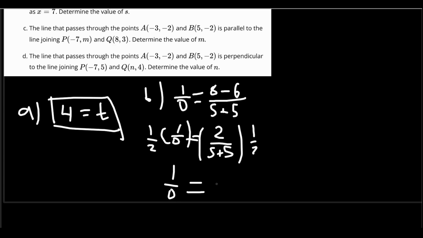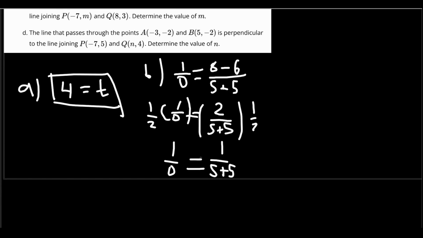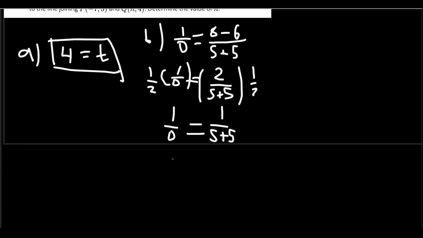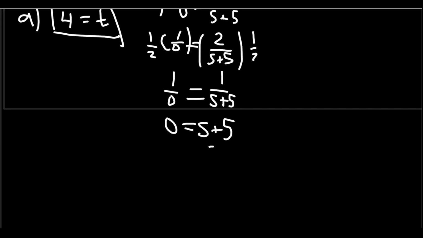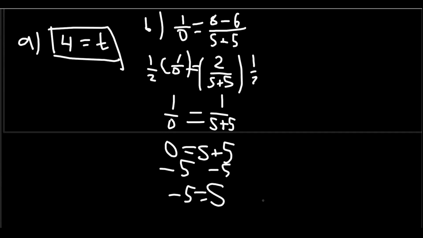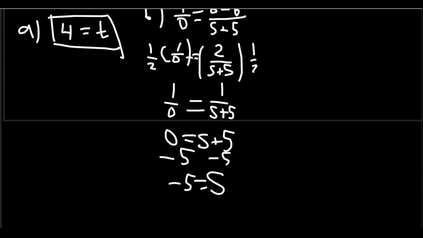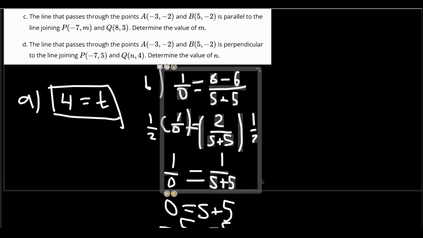So 1 over 0 is equal to 1 over s plus 5. Since these ones are the same, we can assume that 0 is equal to s plus 5. If we subtract 5 from both sides, we get minus 5 is equal to s. Therefore, s is equal to minus 5. So now we can just put that up here.